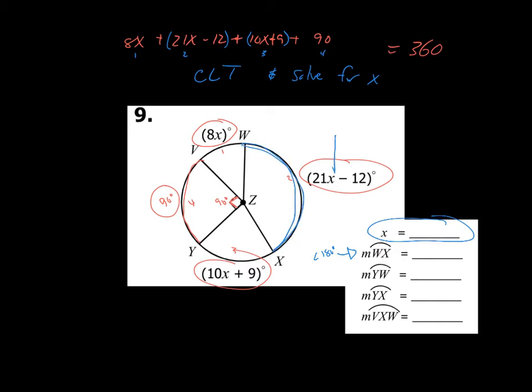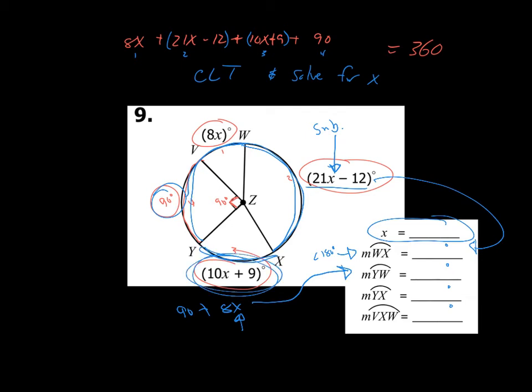So once you have x, substitute in the value for x, evaluate that answer, and that's what goes right here, in degrees. Don't forget, these are all measured in degrees. And YW is going to be 90 plus 8x, where I'll know what x is once I'm done with the algebra. That's going to go right here. YX is right here. Just substitute into here.